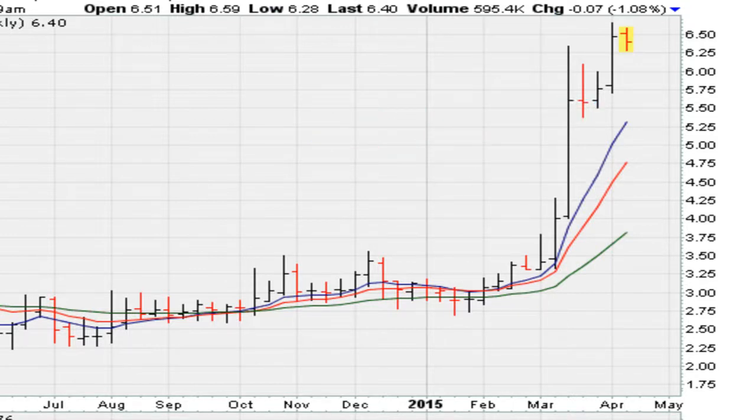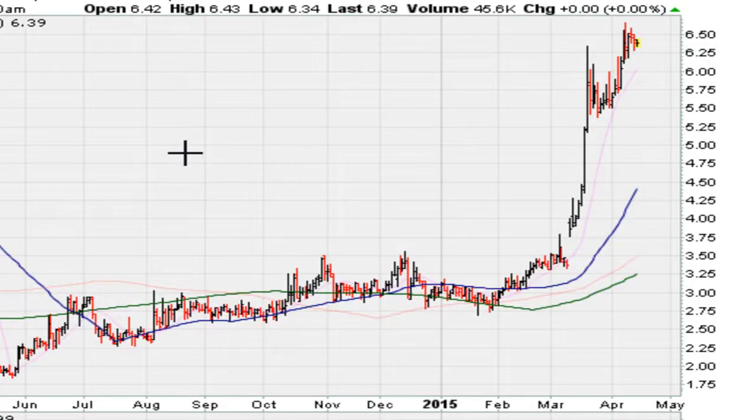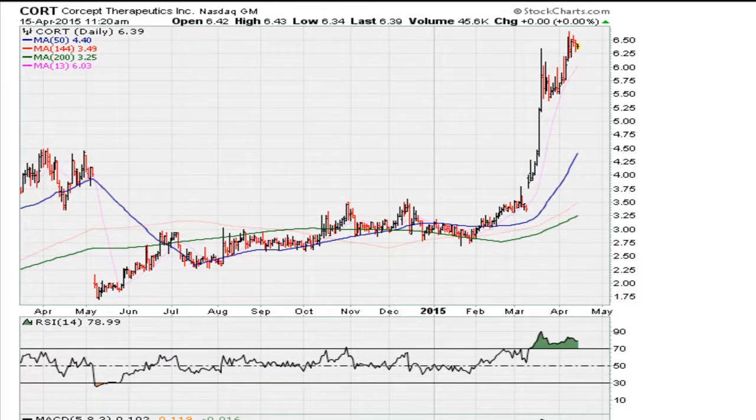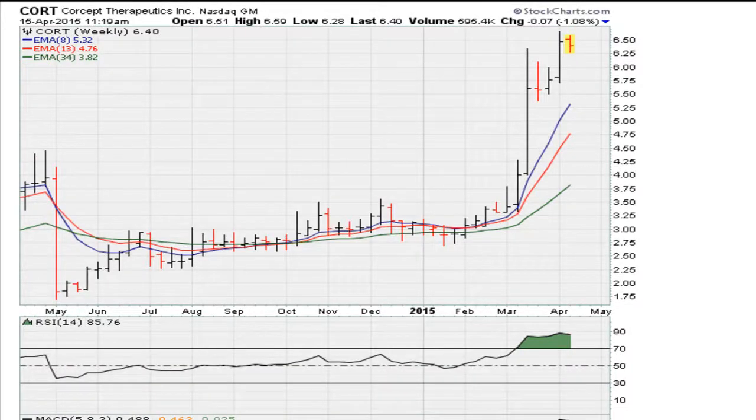So let's go take a look at the daily. By the way, let me just explain this. We can see here that on the weekly, very strong RSI action, showing very strong demand, showing intention is still there in the stock. Of course, yes, the stock is at lofty prices, but if you're trying to play momentum, these are the type of things you want to be looking at.